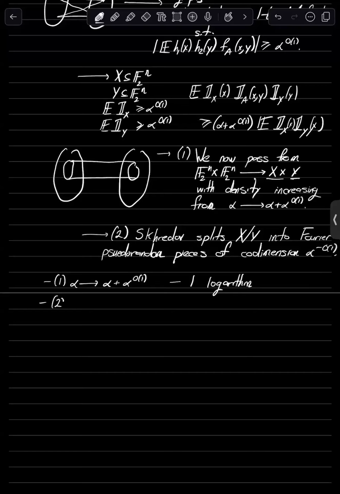And step two, this pseudo-randomization, costs one extra logarithm. So this costs you the two logarithms in the final bound. And the goal is to avoid both of these losses when going through the proof.